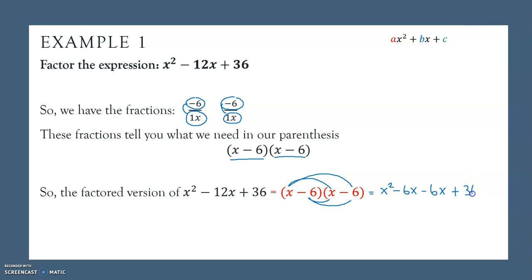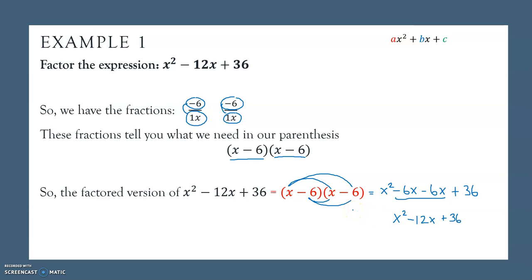You can multiply these binomials by the distributive property or the FOIL method that I just did, or you could always use the box method where you are finding the area, whatever method works best for you. Now you combine like terms, and you are left with x squared minus 12x plus 36. And if you get the same exact expression from the beginning, then you know that you factored it correctly.